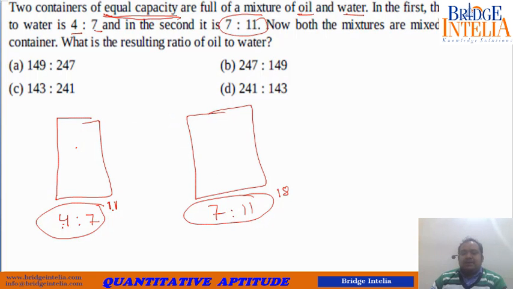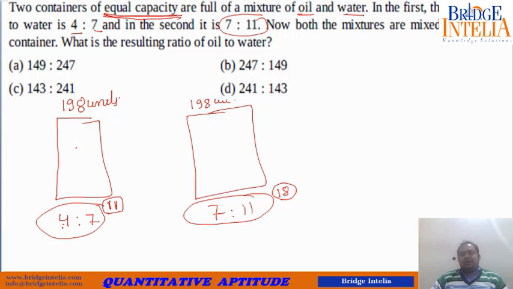So better assume the LCM of these numbers, 11 and 18. So what is the LCM? 198. So you can assume that you are mixing 198 units of first mixture with exactly 198 units of second mixture, because it is given equal capacity.